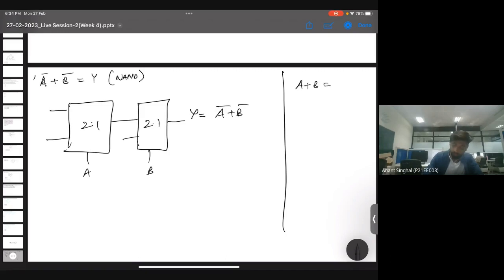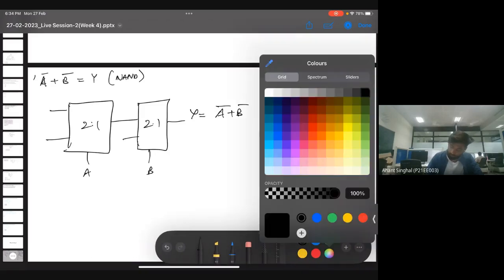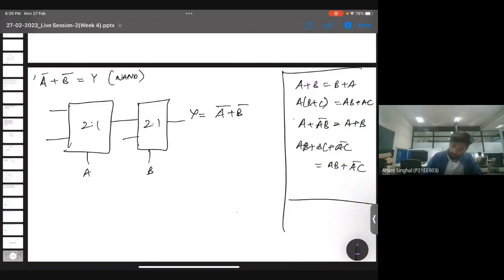It is commutative, it is distributive, and there are certain theorems: A plus A bar B is nothing but A plus B. AB plus BC plus A bar C is nothing but AB plus A bar C. There are a few more, but we basically require this theorem here.